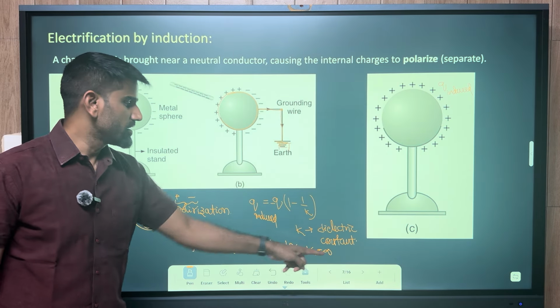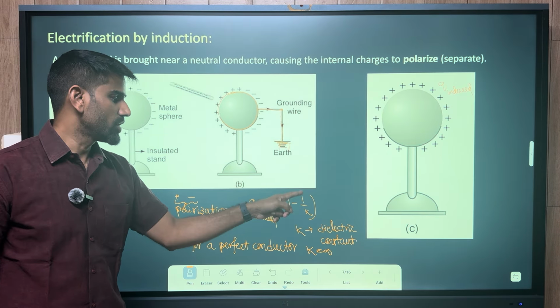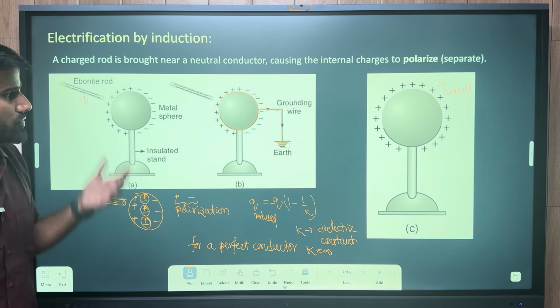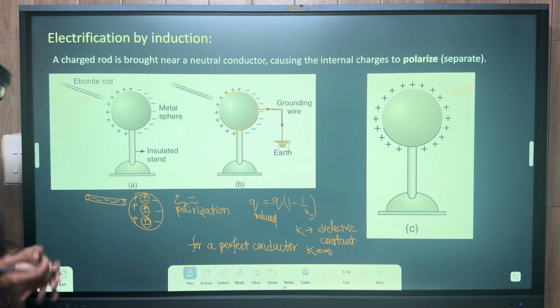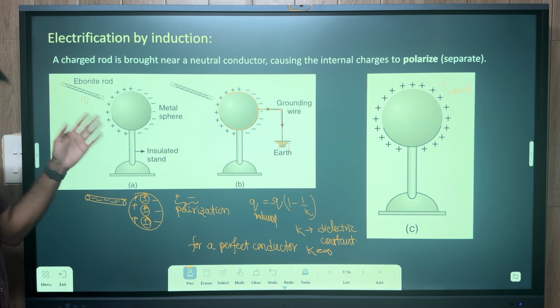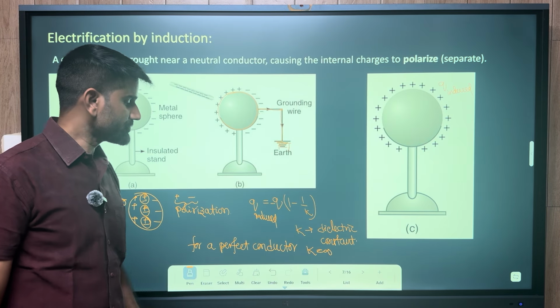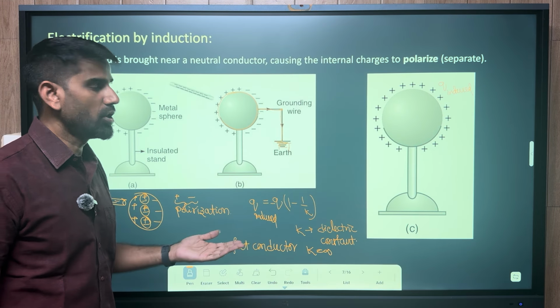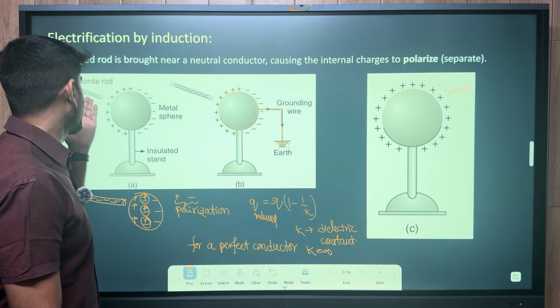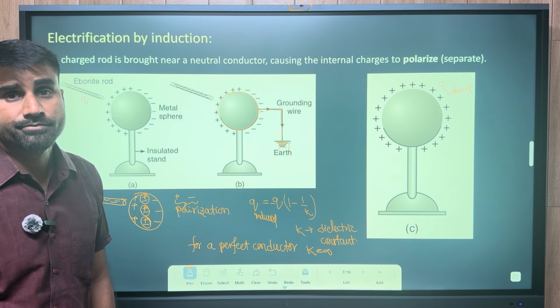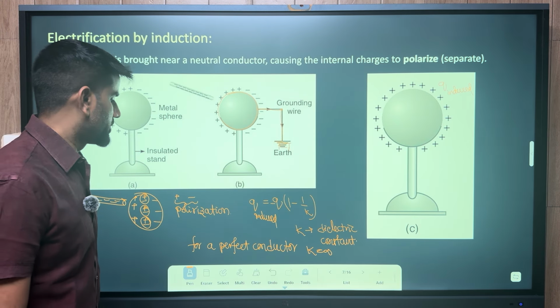So if K is infinity, 1 by infinity is 0, then whatever amount of charge we supplied to induce, the same amount of charge will be induced on the conductor, but with opposite polarity, as the negative sign in the formula shows. Okay, right.